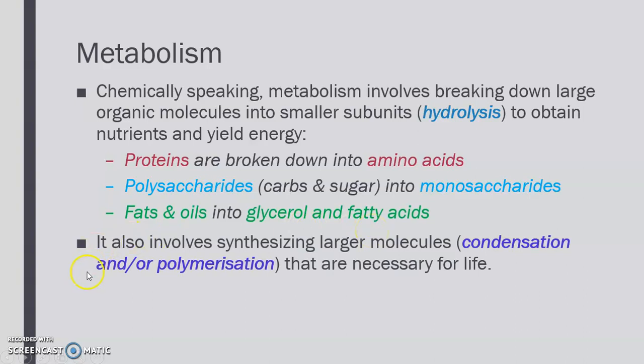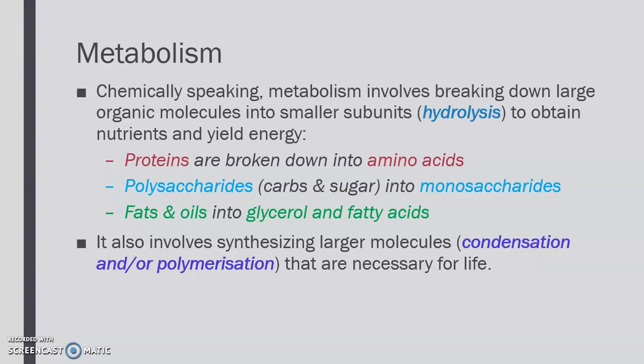Okay? So in the process of metabolism, what our body actually does is that when we eat food, the food comes in the form of protein or polysaccharides or fat and oils, right? So first, our digestive system breaks them down into smaller molecules, because smaller molecules can then be transported around our body to the place where they're needed.